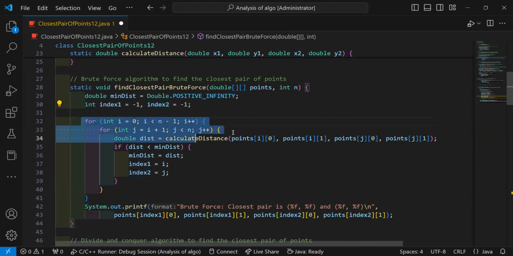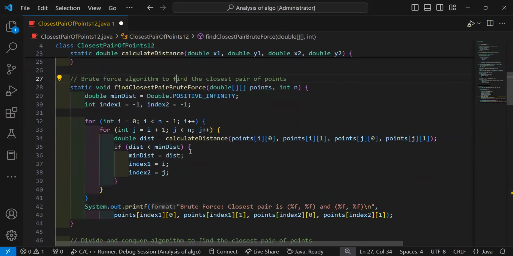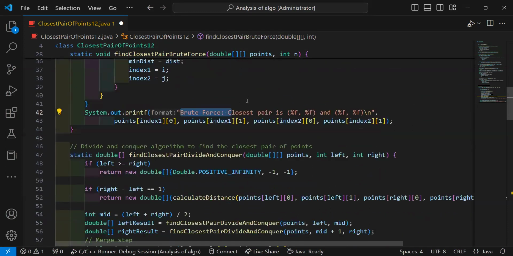The double for loop, the nested for loop, shows the complexity of n squared. Here the distance is computed by using the calculate distance method, which is already called about this one. Okay, system.out prints the distance between the closest pair.